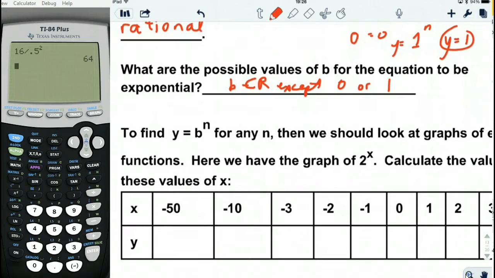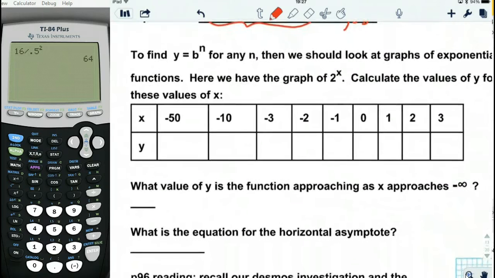So b cannot be negative either. So change that. b is greater than 0, and also b cannot be 1. Okay, so if these two things are satisfied, then the equation y equals b to the n is an exponential.